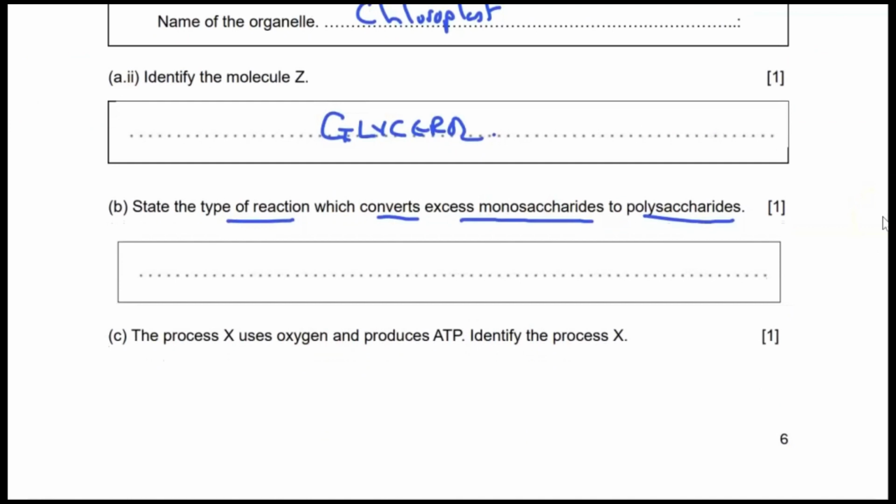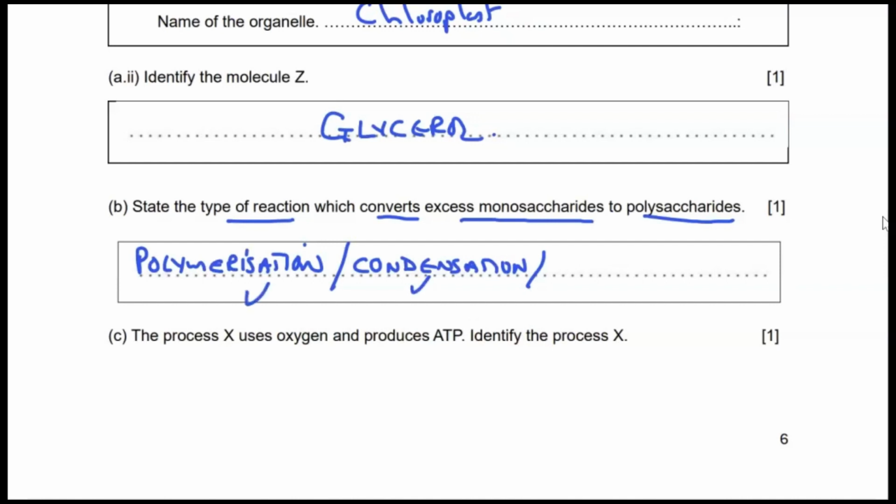So any monosaccharide turned into a polysaccharide is polymerization. So that would work. It's asking you for the type of reaction. So if you recall, this would be a condensation reaction. So that would be an acceptable alternative. You only need one of these, so that one or this one.